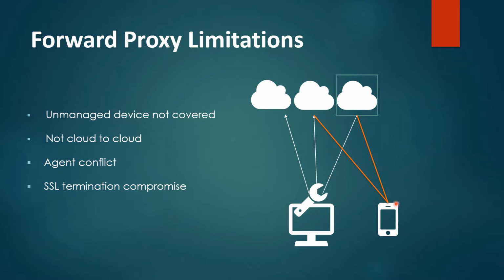But if the device is beyond your company's management, beyond your reach, like a personal device, there's nothing pre-installed there, it's not pre-configured to reroute the traffic, then you can just access either sanctioned or unsanctioned services directly without any interaction or intervention by CASB. So basically, the flow here is out of the scope of control, and that's one downside of forward proxy, that unmanaged devices are not covered.